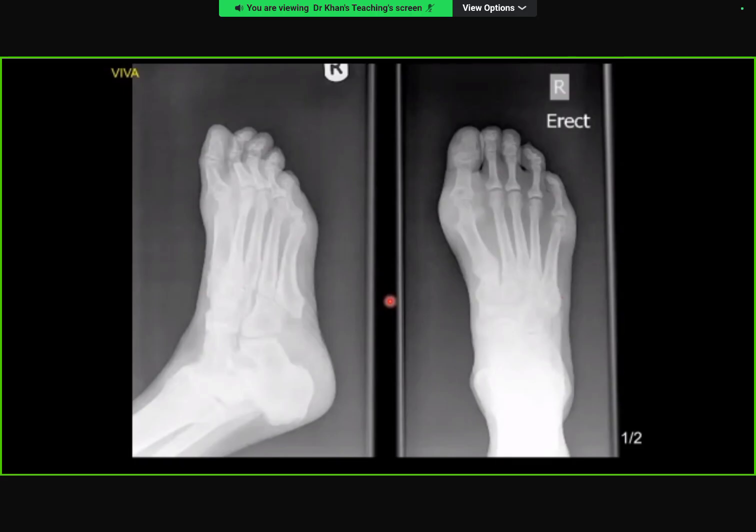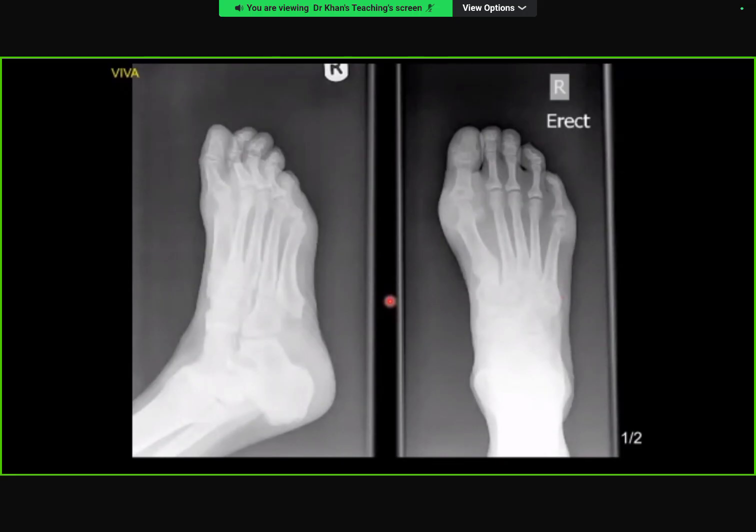There's marked soft tissue swelling around it. The joint space is preserved. There's also a similar finding in the fifth metatarsal head. Again, the joint space seems preserved along with some soft tissue swelling.